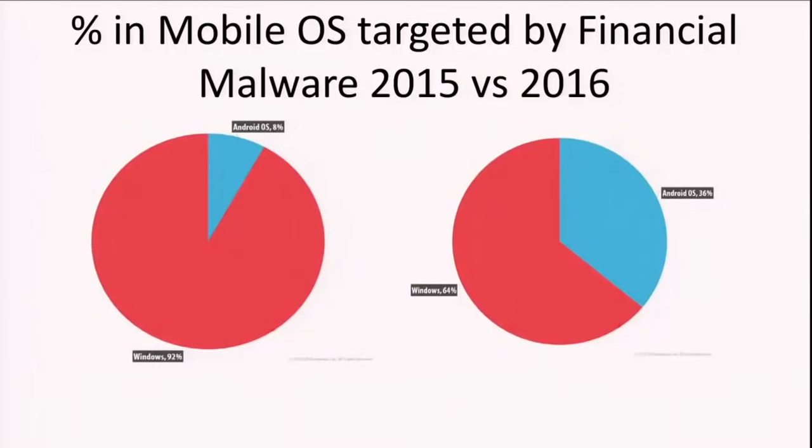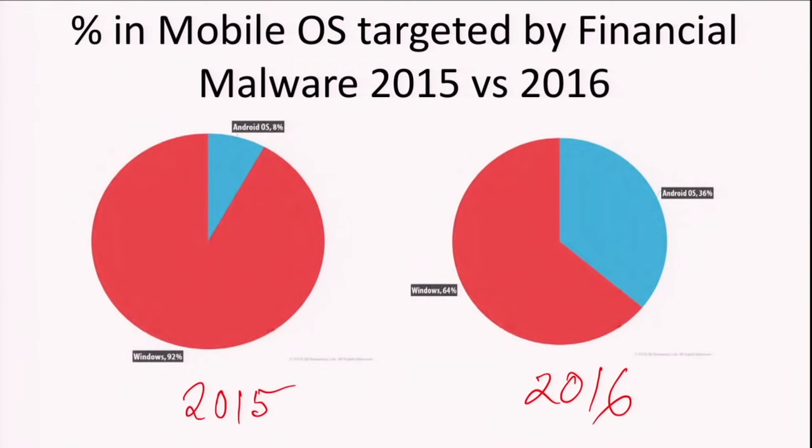And then just to know what kind of mobile devices are being targeted by financial malware, this is 2015 and this is 2016, and you can see the difference. Android used to be only 8% of the financial malware in mobiles, and Windows had the larger percentage.